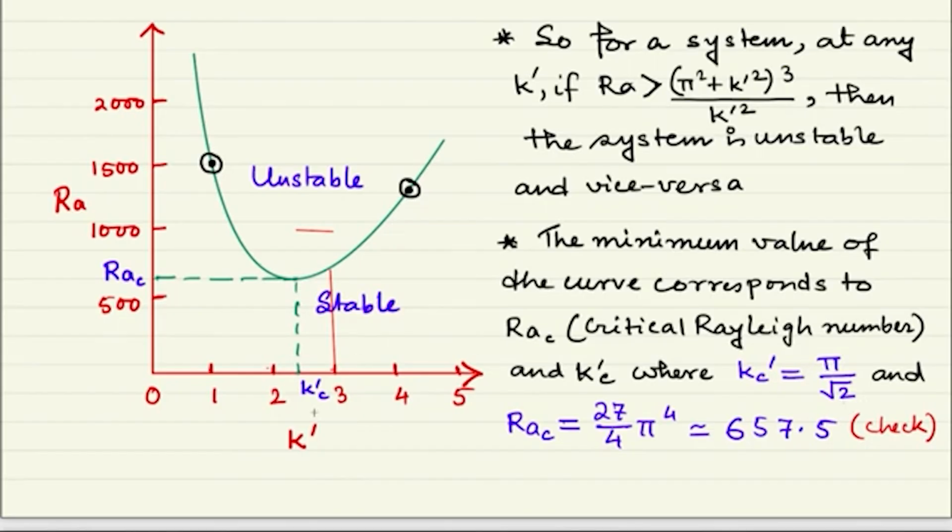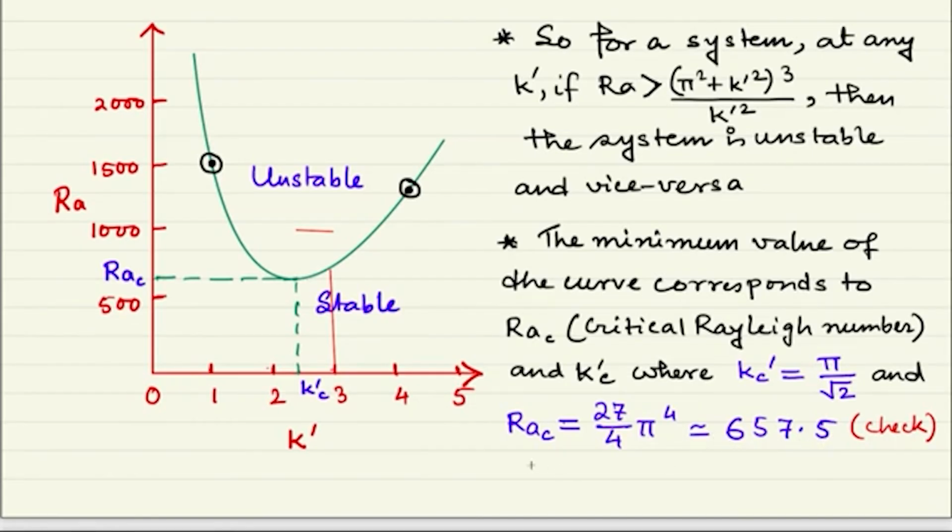That means at k prime equal to pi by root 2, you have the marginal Rayleigh number at its minimum. And the corresponding critical Rayleigh number, that is the minimum value of the marginal Rayleigh number, is equal to 27 pi to the power 4 by 4, which is almost equal to 657.5.